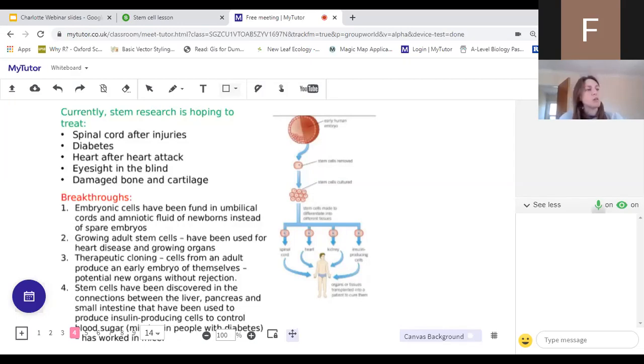Can you explain how an immune response becomes a risk to humans, please? Yes, that's a really good question.